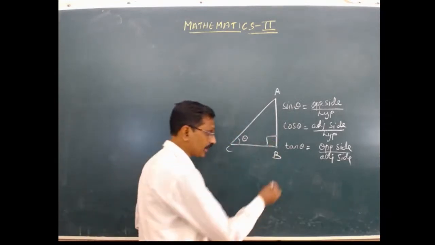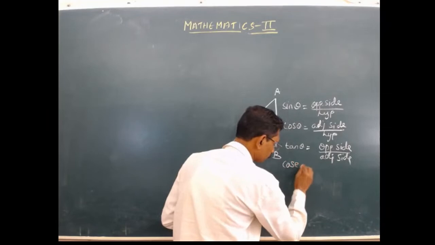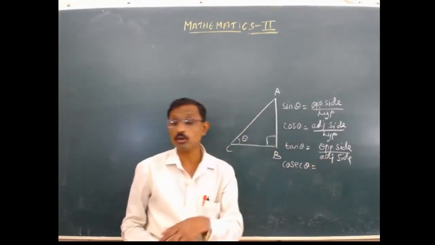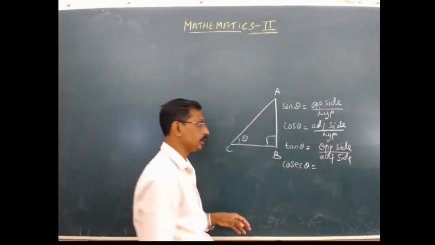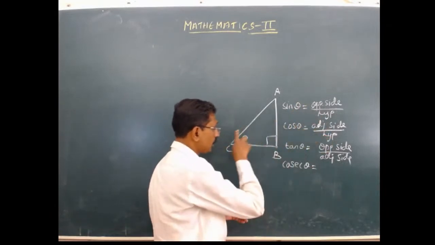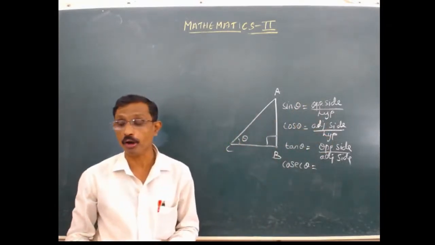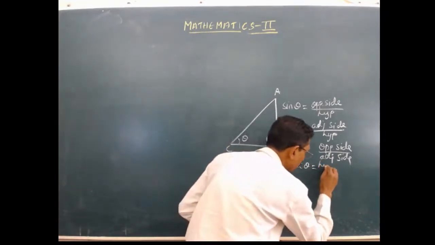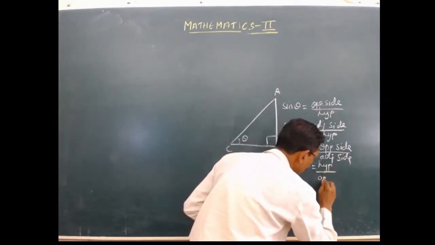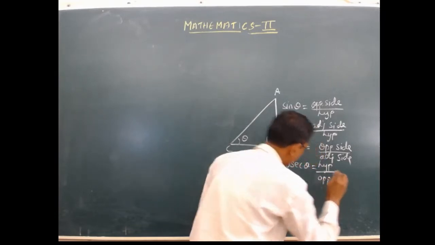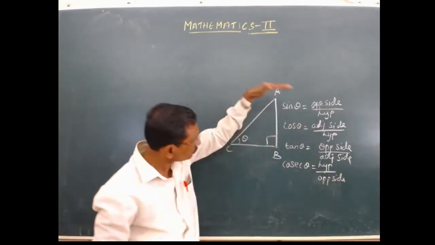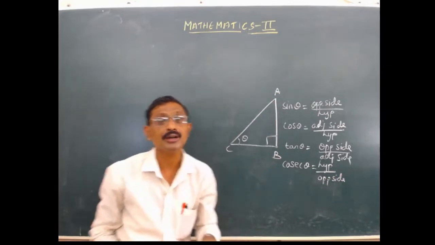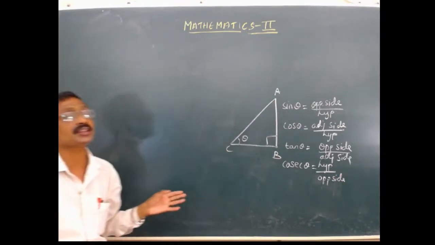Let's see what is cosec theta. Cosec theta will be hypotenuse upon the opposite side. Now sine is over, cos is over, tan is over, cosec is over.